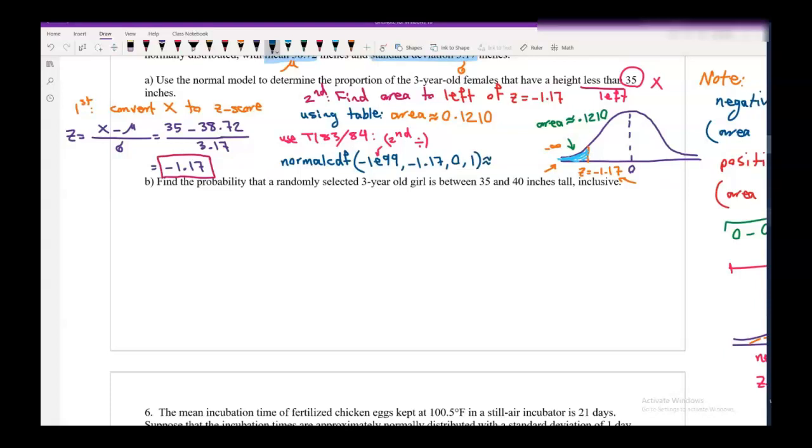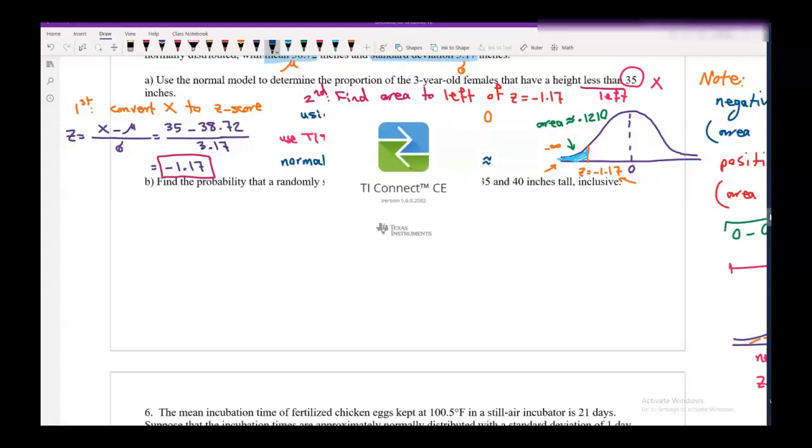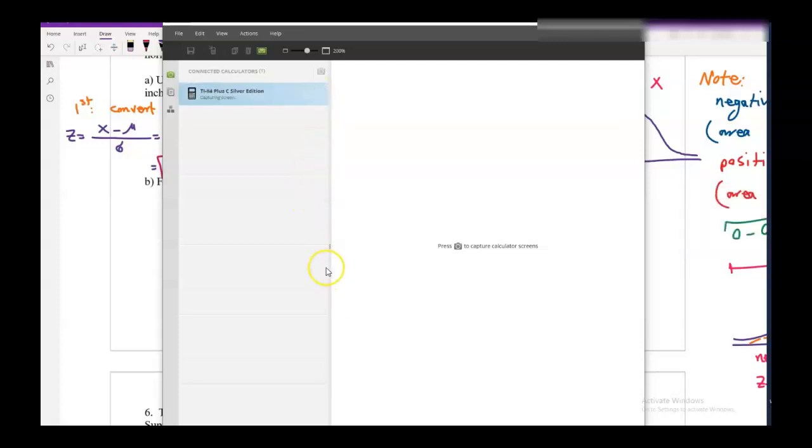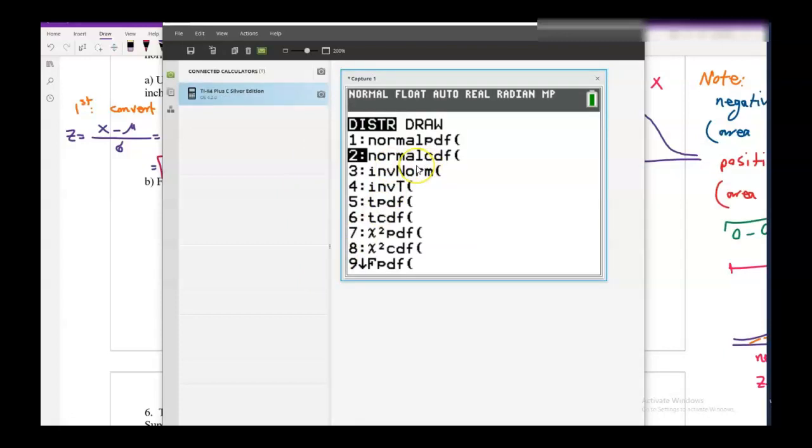So let's use our calculator. Press second, VARS, choose number 2 as normal CDF, enter. For lower we have to enter negative 1 E99. Again, to enter E you press second, then division, and upper is negative 1.17.